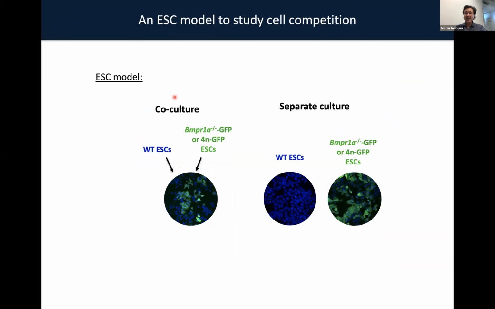To gain a little bit more insight into the mechanisms underlying cell competition during early mammalian development, we have developed, in addition to the embryonic models I've just been explaining to you, embryonic stem cell models.